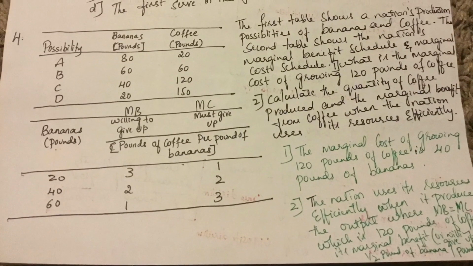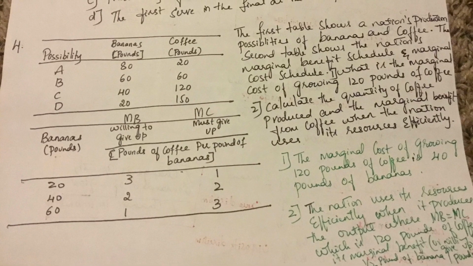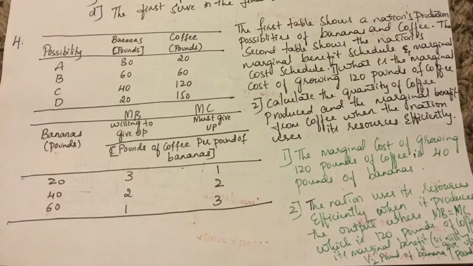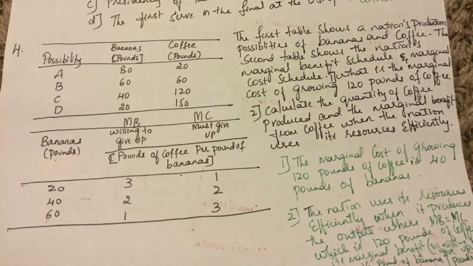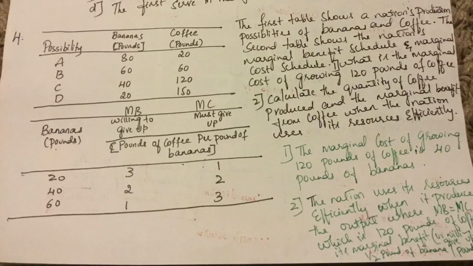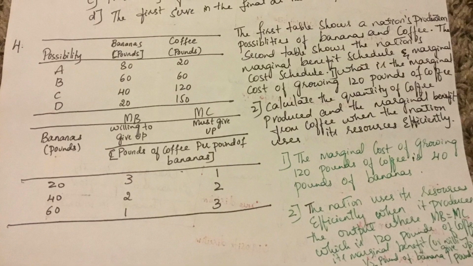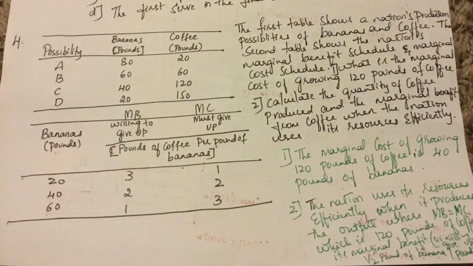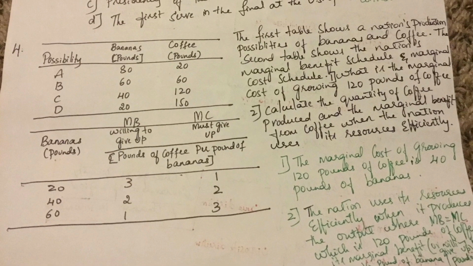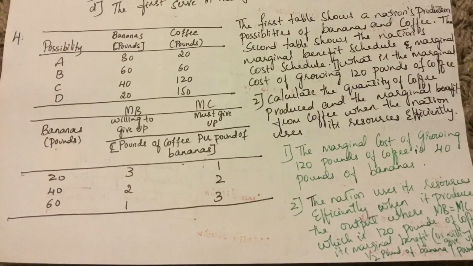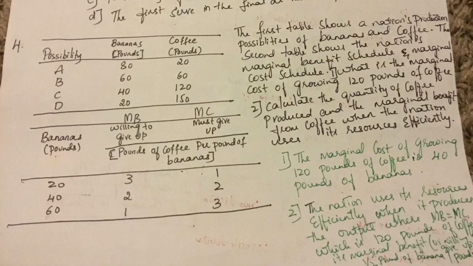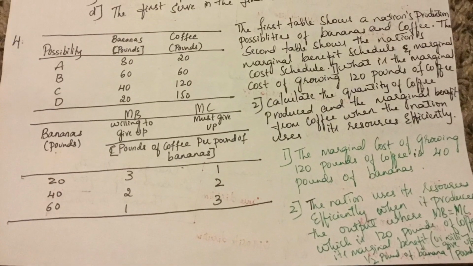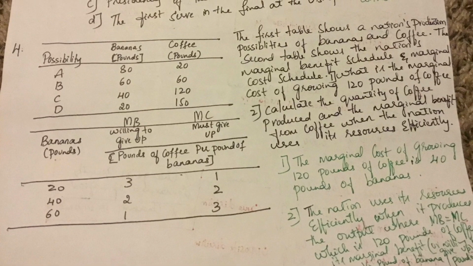And the second question: the nation uses its resources efficiently when it produces the output where marginal benefit equals marginal cost. Now from the second table we can see that marginal benefit equals marginal cost at 40 pounds of bananas. But the question asked is to calculate the quantity of coffee produced at MB equal to MC. You can see from the first table that at 40 pounds of bananas, 120 pounds of coffee is produced.